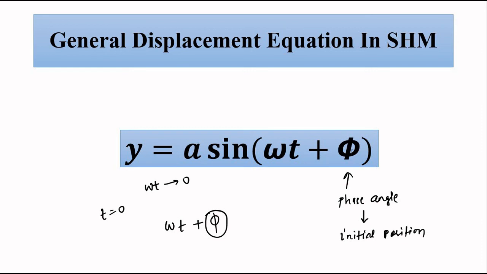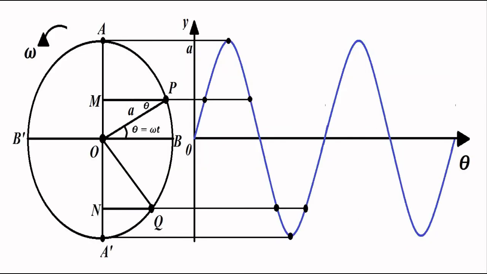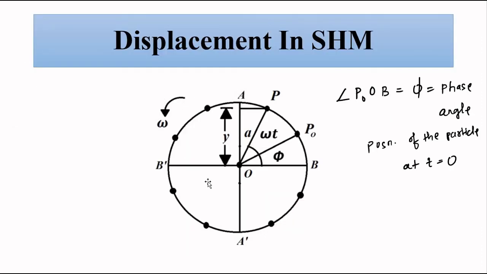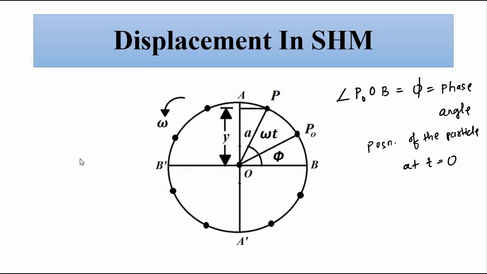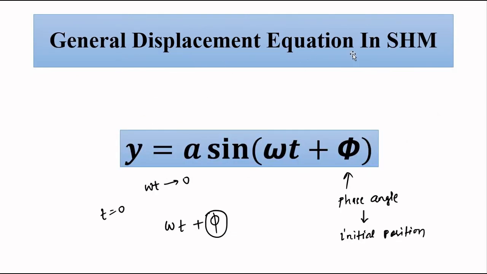This omega t plus phi is very important when it comes to determining the position or the instantaneous displacement of the particle undergoing simple harmonic motion. So this is an important thing related to the general equation of the instantaneous displacement in simple harmonic motion.